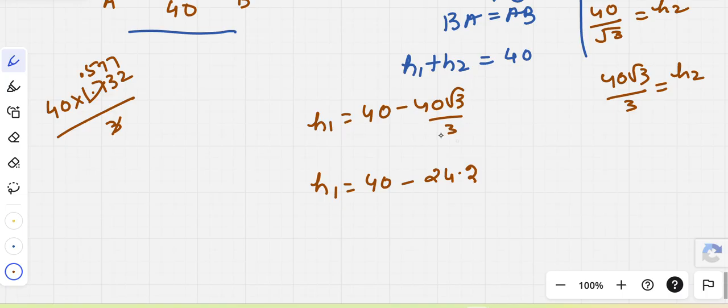Now 40 minus 24.2 is 15.8. We can go with that.